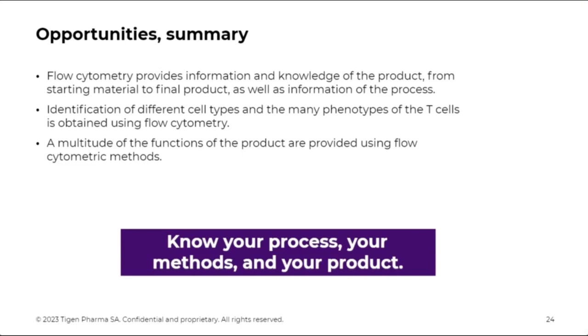In addition to information about the product, we also get information about the process, how well controlled the process is. We can identify different cell types and the many phenotypes of the T cells that we have. And we can also assess many functions that the T cells are having by using flow cytometry.